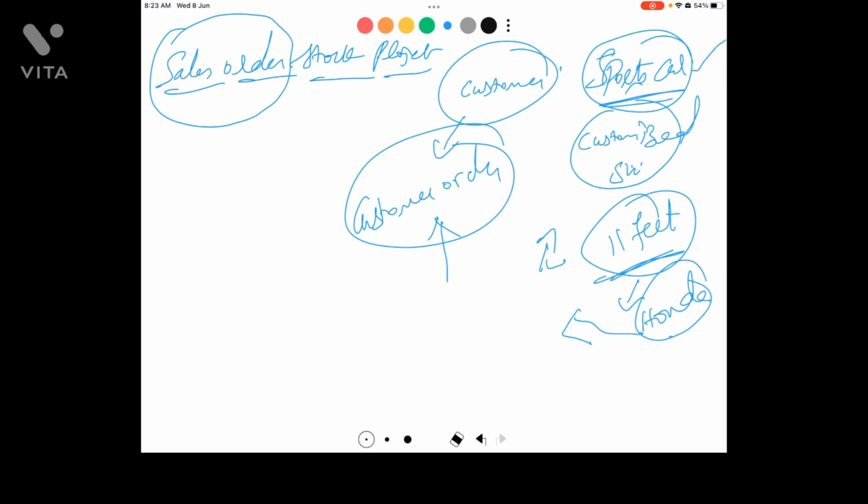Suppose a small celebration is going on, and we order food items from the nearest hotel, who prepare the food for my celebration.